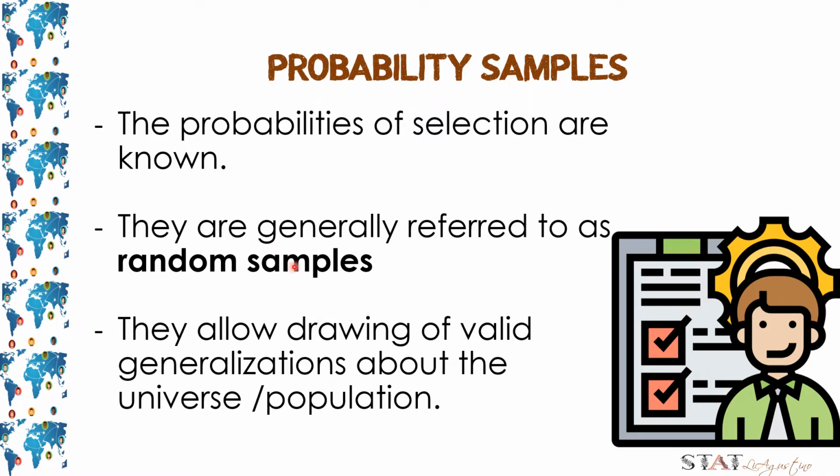And they are generally referred to as random samples. And they allow drawing of valid generalizations about the universe or population. So from the findings in those studies, you can form generalizations about the population because you have probability samples. So it is a process in which members have an equal chance of being selected from the population.